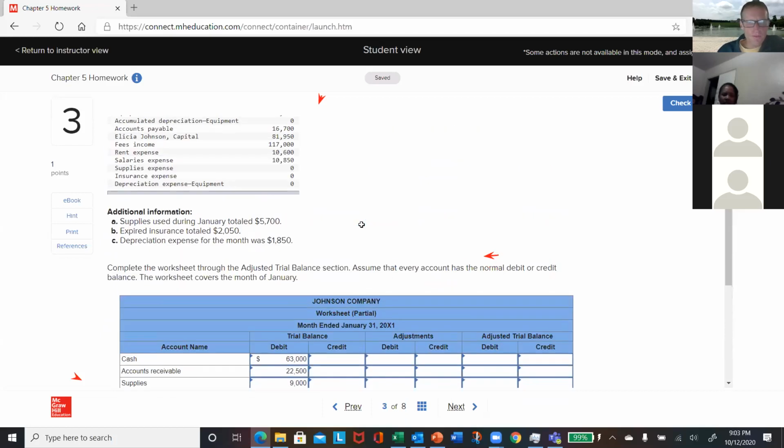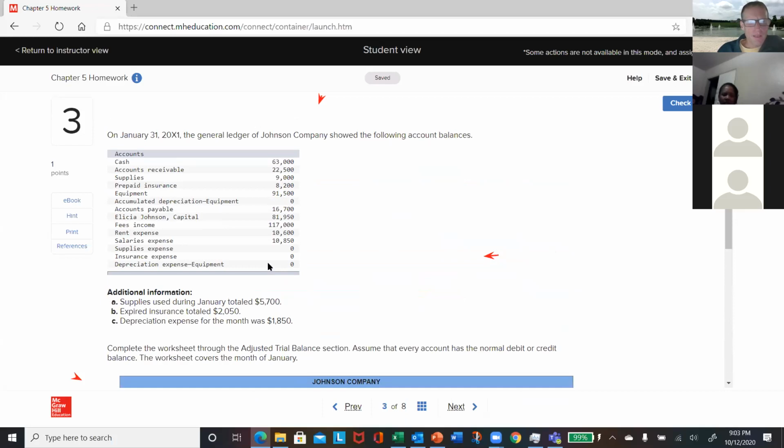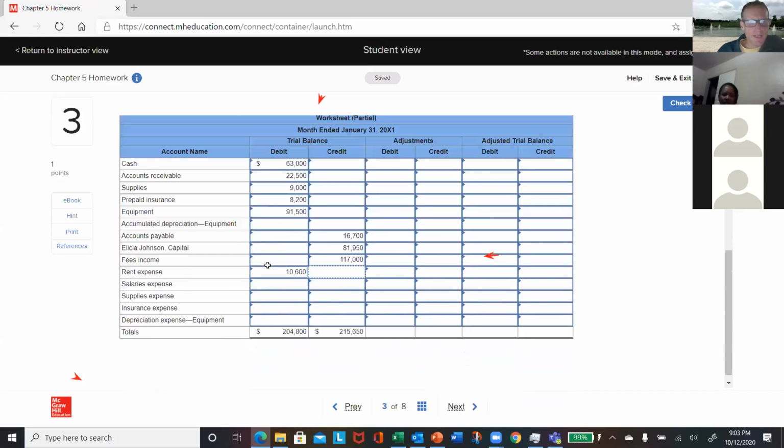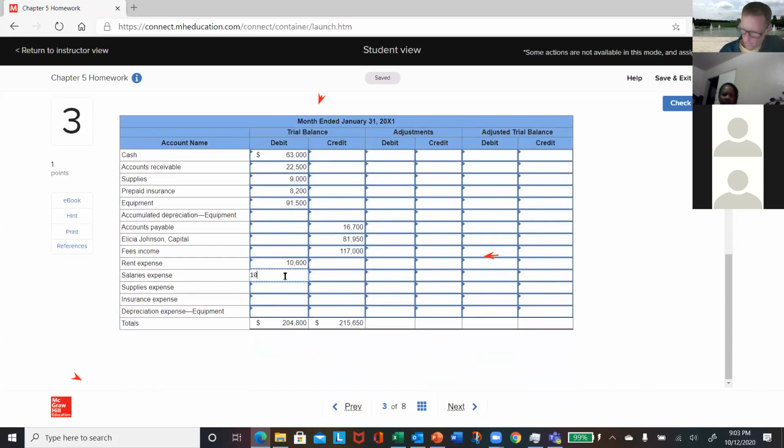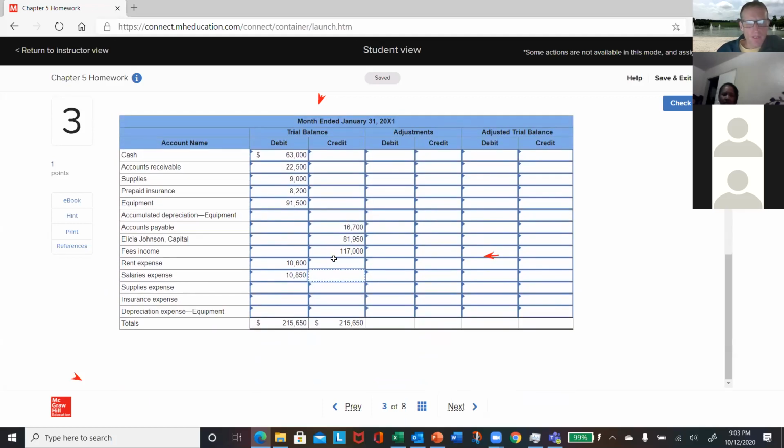Credit, remember that's revenue. And then two expenses, rent expense is 10,006. That's debit. And then salaries expense is 10,850, which is also debit. All right, now notice at this point, all I did was copy those in.